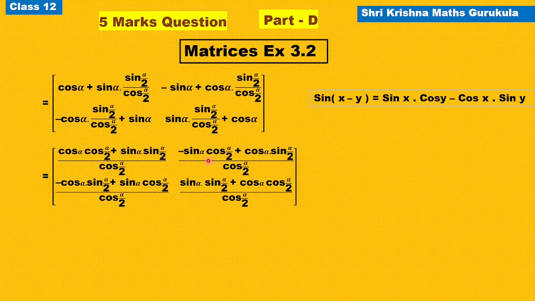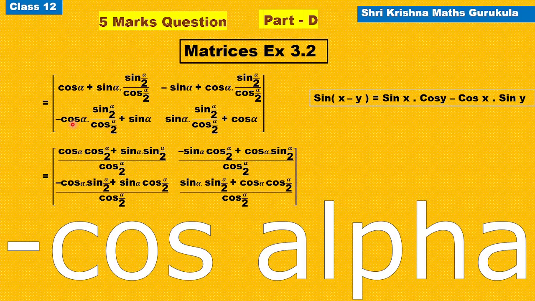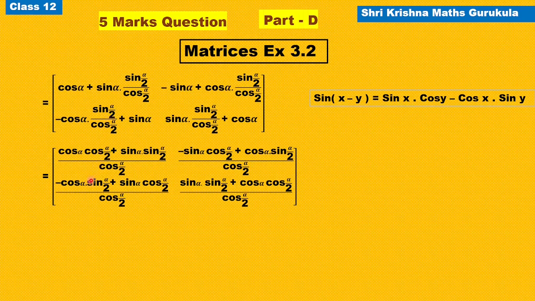This term will remain as it is, plus cos alpha into sin alpha by 2. That is the numerator part. Clear? Now again for this term, minus sin alpha into sin alpha by 2 as it is, plus sin alpha into cos alpha by 2 will be here, whole divided by cos alpha by 2. Now for this, sin alpha into sin alpha by 2 plus cos alpha into cos alpha by 2, whole divided by cos of alpha by 2.